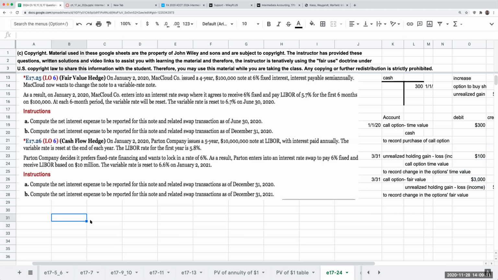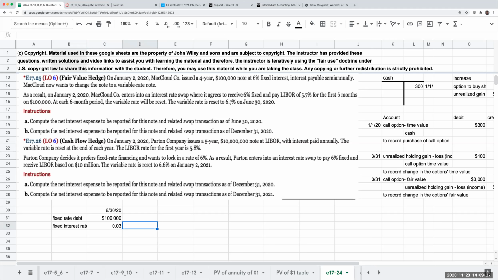So let's look at these in 2 separate time periods. So the fixed rate debt is going to be 100,000. What I'm then going to do is multiply this by my fixed interest rate, and this here is going to be 3%.